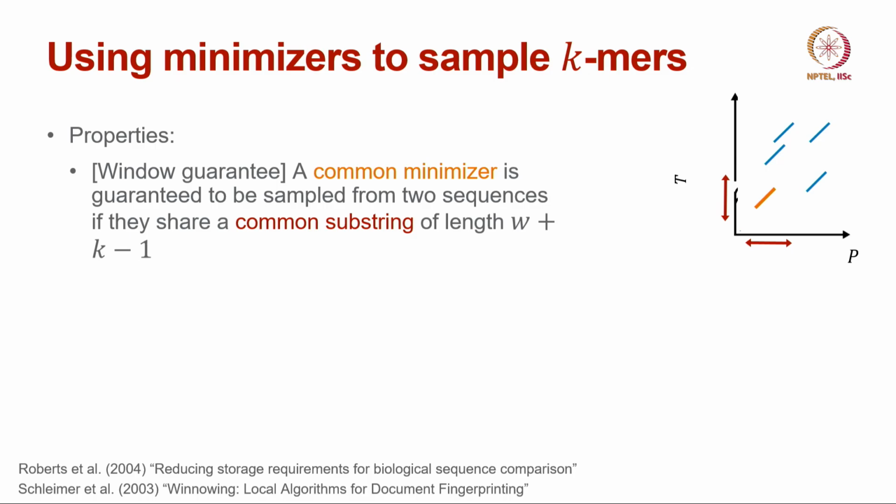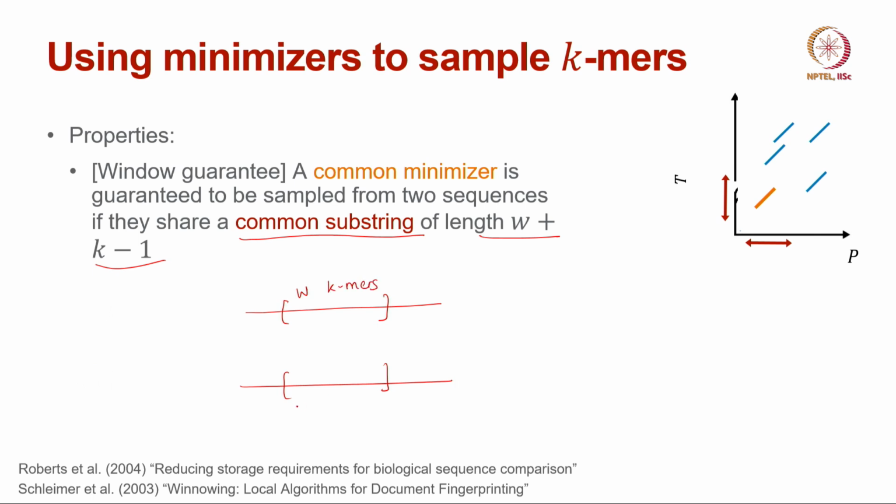This property is easy to see, because if they have a common substring of length w plus k minus 1, then these 2 sequences have a common window where there are equal w k-mers.